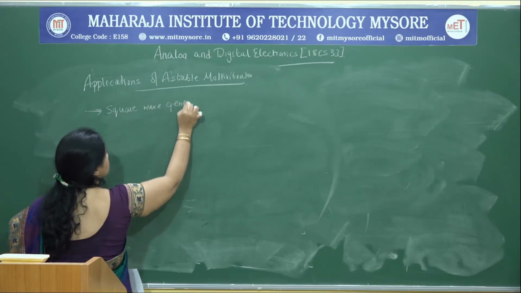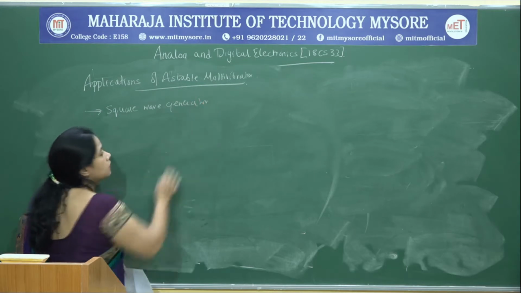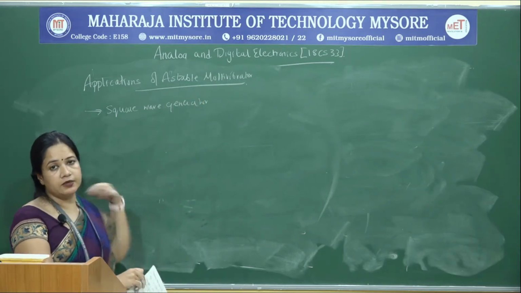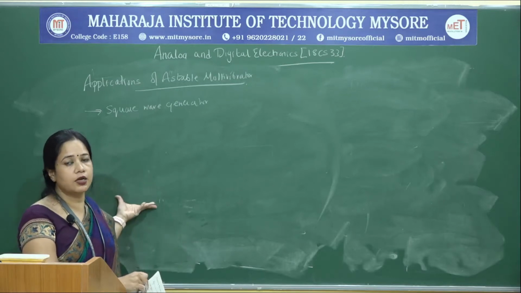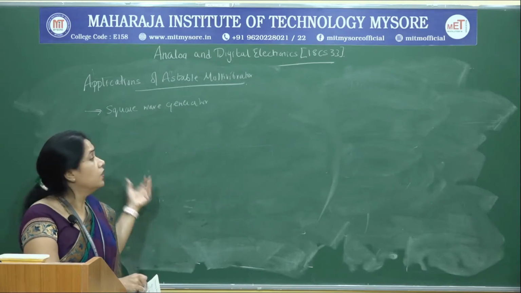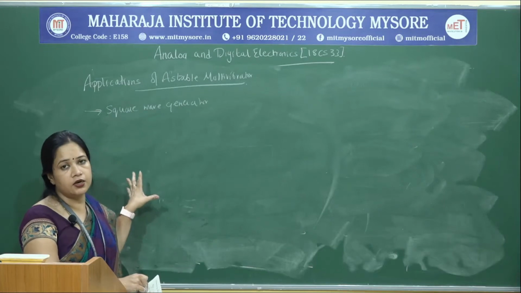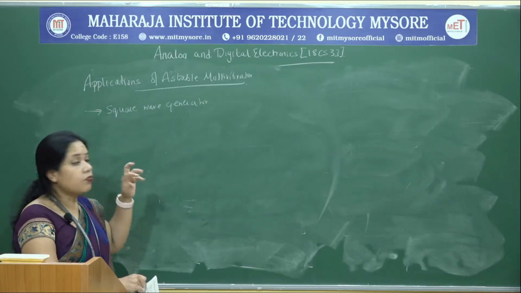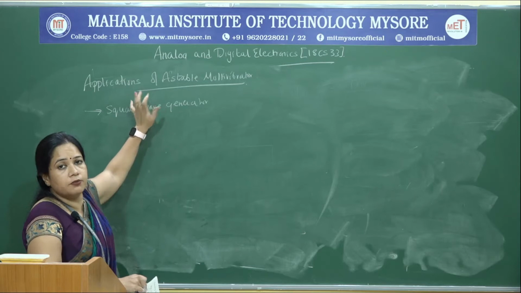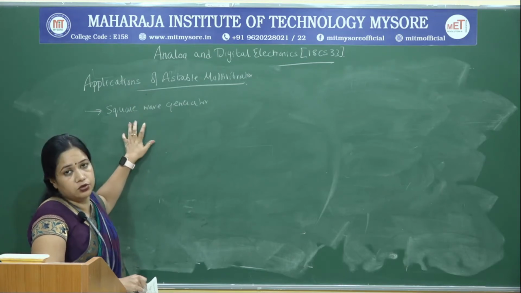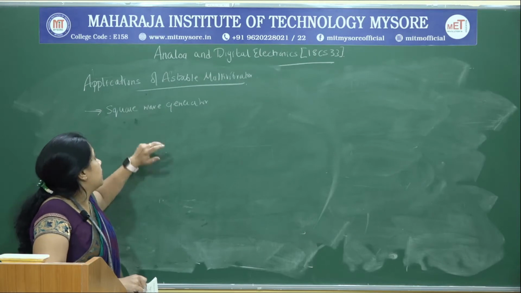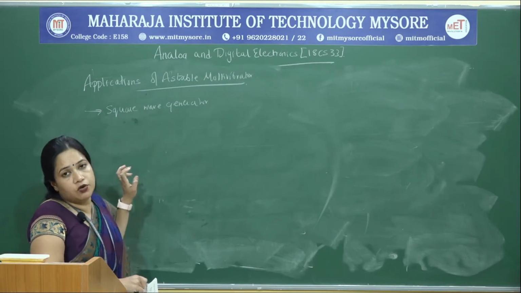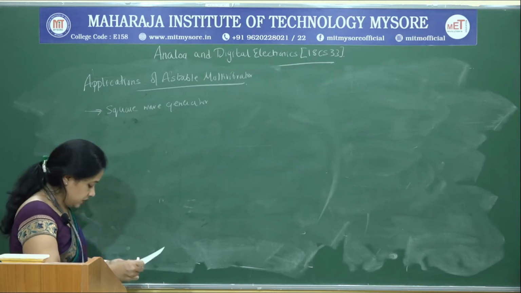As you saw from the waveforms, the output of an astable multivibrator is usually a rectangular wave, because the on time is greater than the off time. So, you tend to get a rectangular waveform. What modification is to be done on a basic astable multivibrator to convert it into a square wave generator? We will study that as the first application, the application of your 555 timer as a square wave generator.